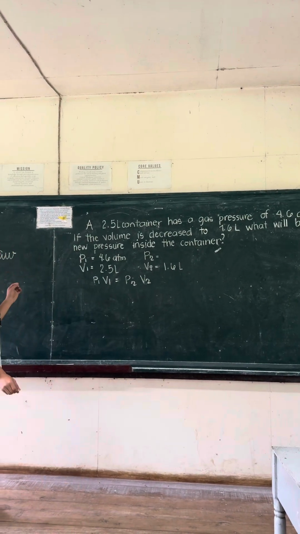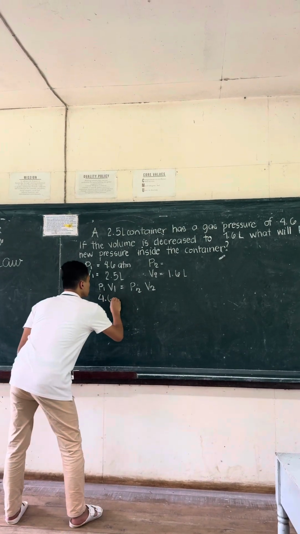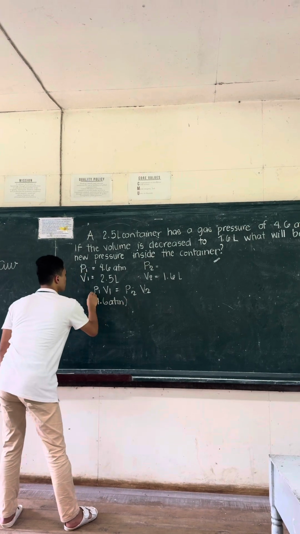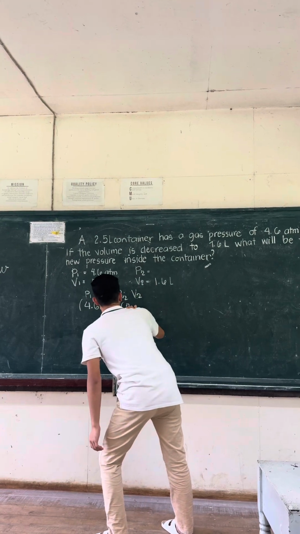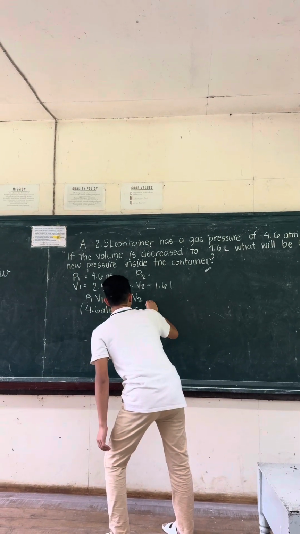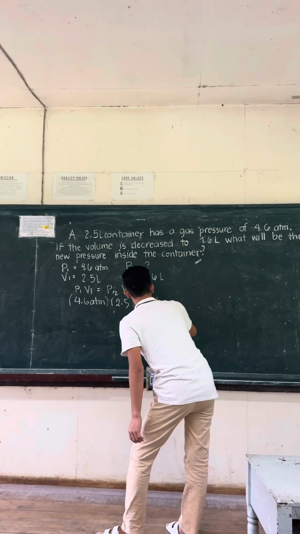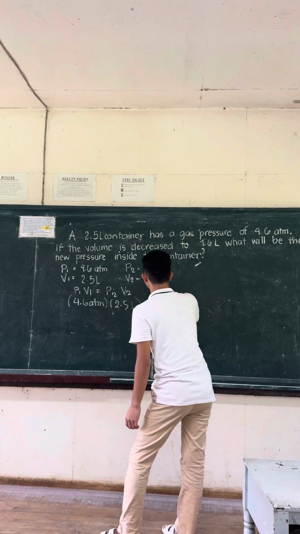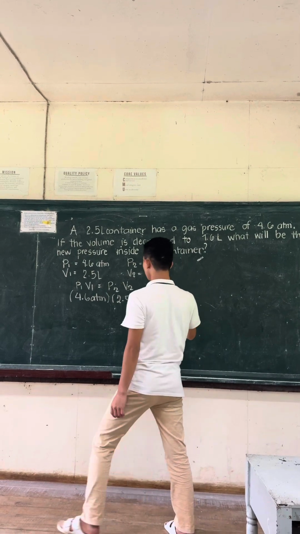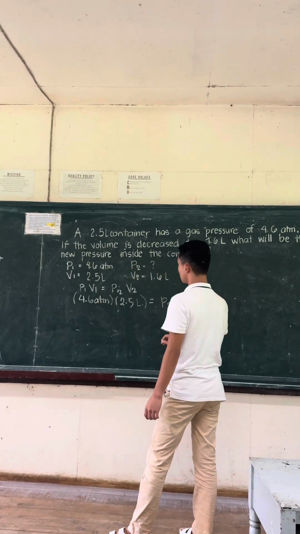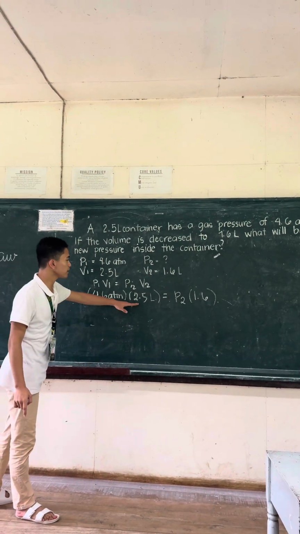So we have 4.6 atm for P1, and we have V1, which is 2.5, equals P2, which is the one we're going to find out, and our V2, which is 1.6 liters. Here, we are just going to multiply 4.6 atm multiplied by 2.5 liters.